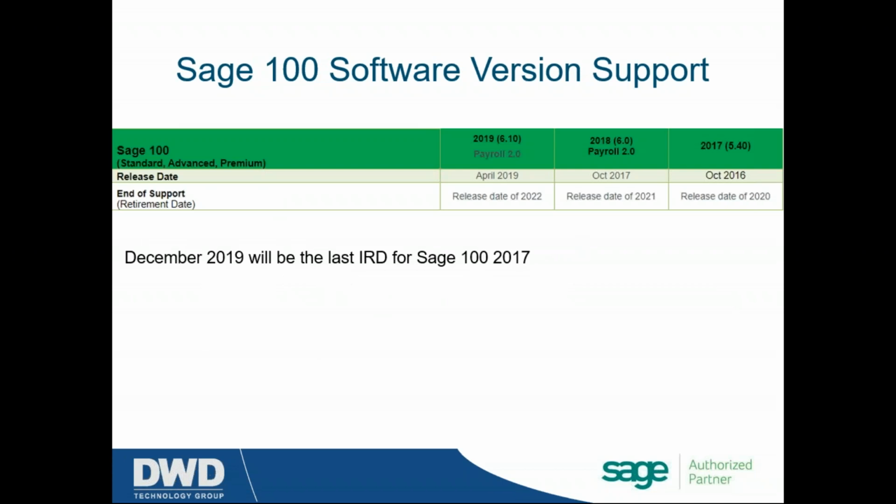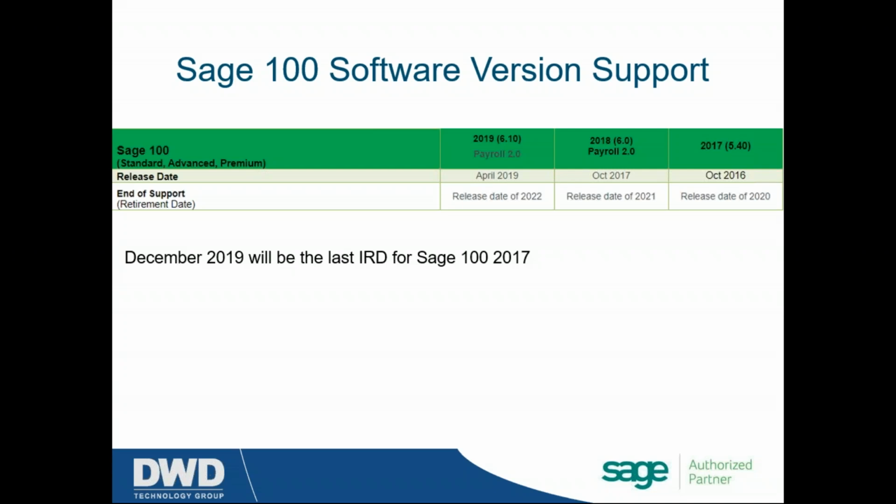Okay, here is the supported versions for Sage 100. So as of December of this year, the last IRD will be released for Sage 100 2017. Okay, so when we say supported version here at DWD, what that means is this is the last version that Sage software is officially supporting.